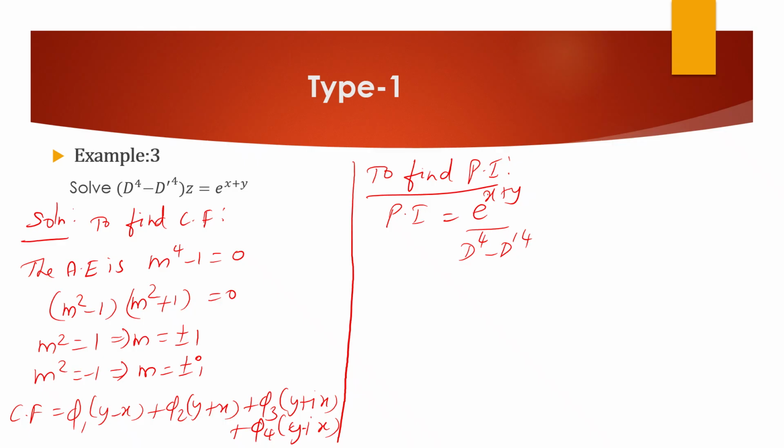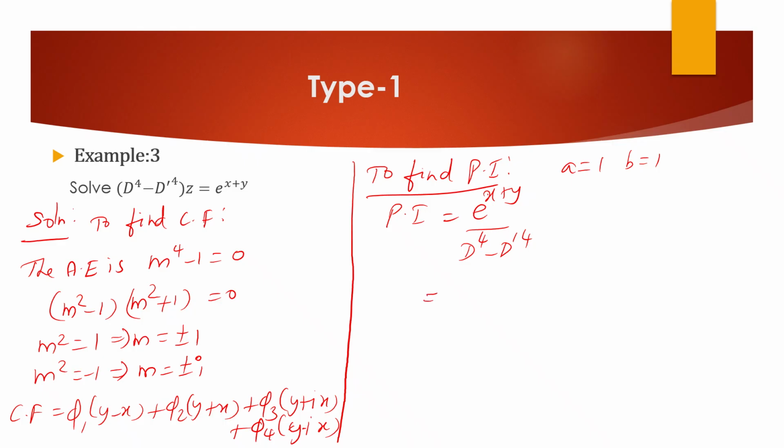Here we can't substitute our a and b directly because that becomes 0. If you take here, we have e power ax plus by, and our a is 1 and b is also 1 here. So if you replace directly you are getting 0.